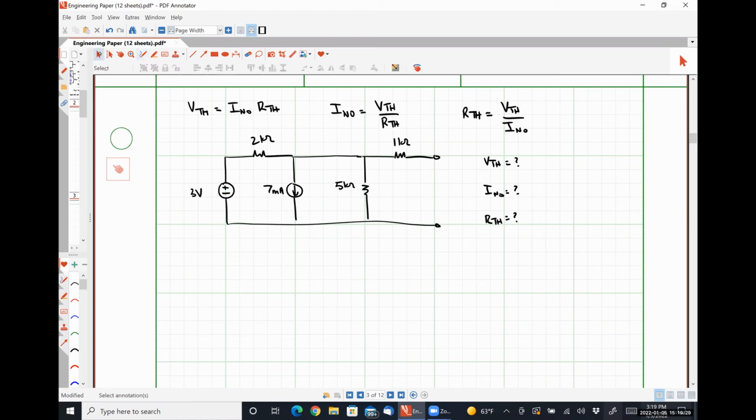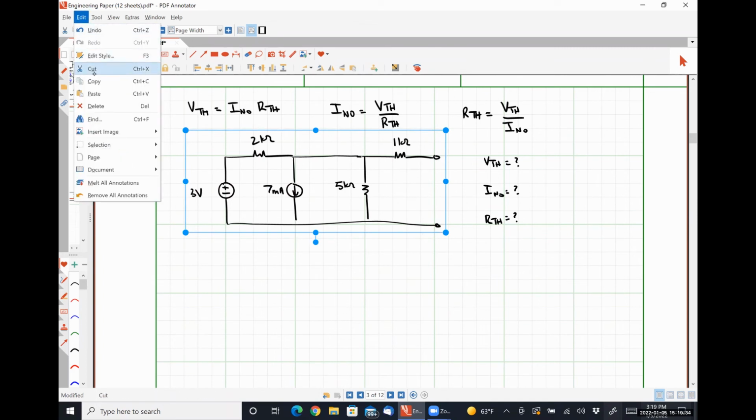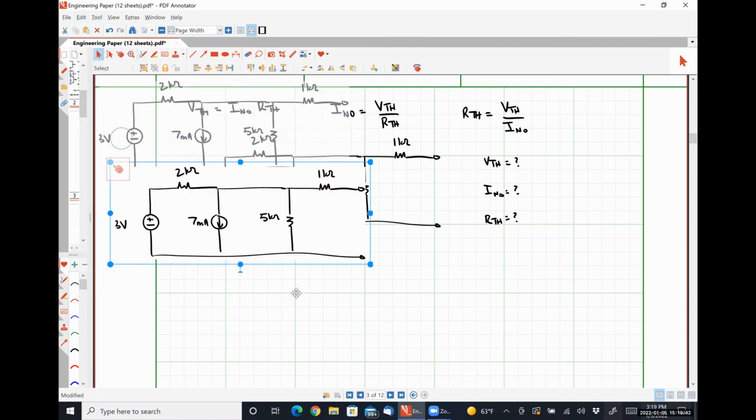So I'm going to be lazy again here. I'm just going to copy down this original circuit. Move it into place.